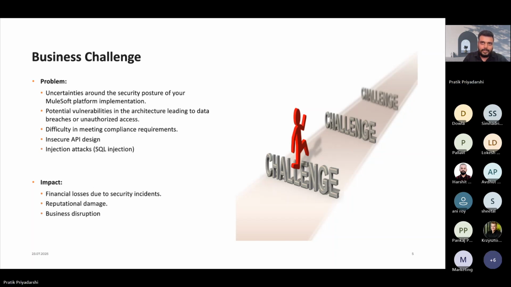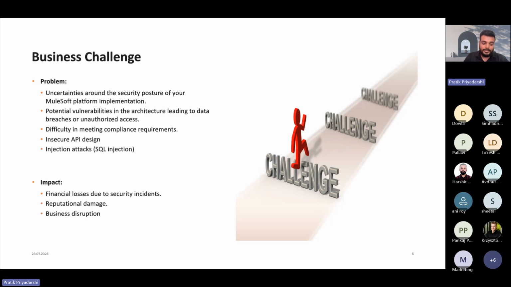Working for many years in MuleSoft integrations for many diverse clients, we have seen a lot of issues, and also from talking to friends and cousins, I have seen that there can be data breaches from insecure architecture.